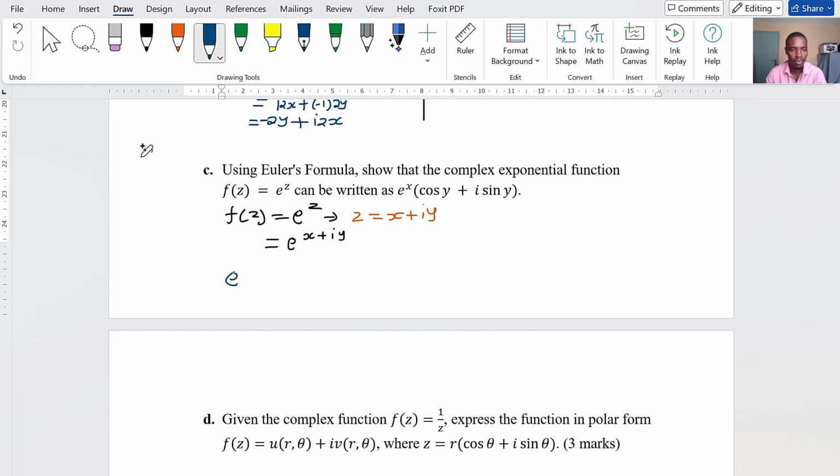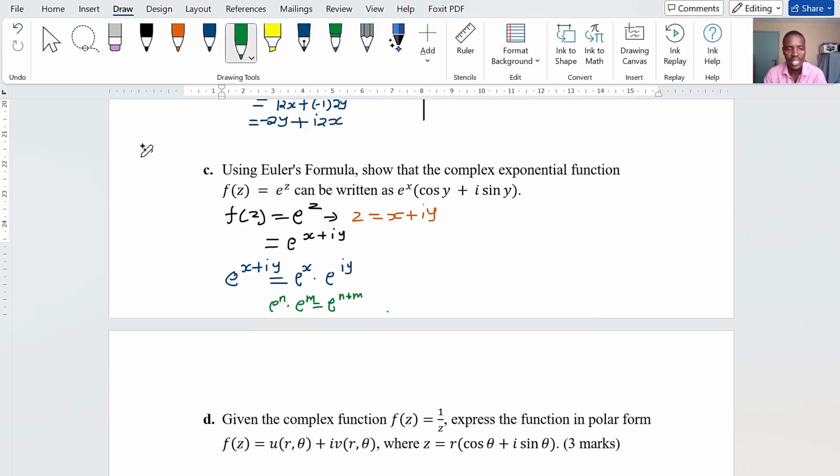Now e power x plus iy, we are applying the index law when you are adding, it can be e power x dot e power iy. I hope you recall that e power n dot e power m is the same as e power n plus m.